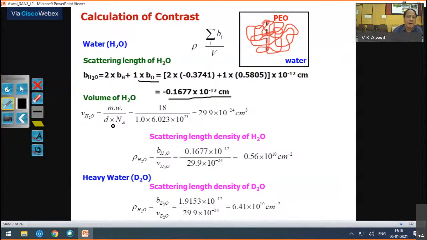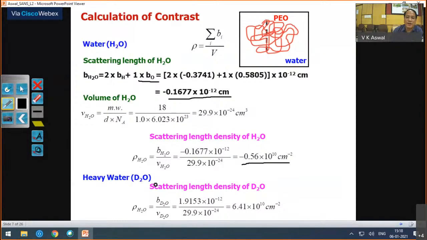And then if you know the density of your molecule and the molecular weight, you can calculate the volume from that. And you can see the scattering length density of H2O is negative and a small value.